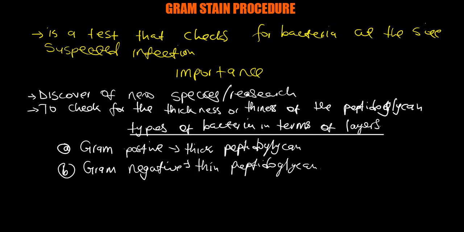These are the types of bacteria we have in terms of their layers, the layer between the cell wall and the cell plasma. Okay, so there are things needed in the Gram stain procedure.